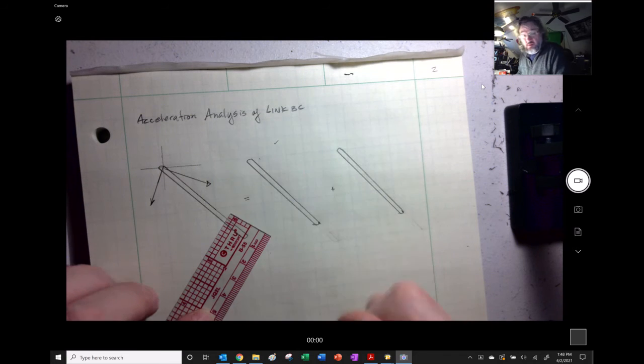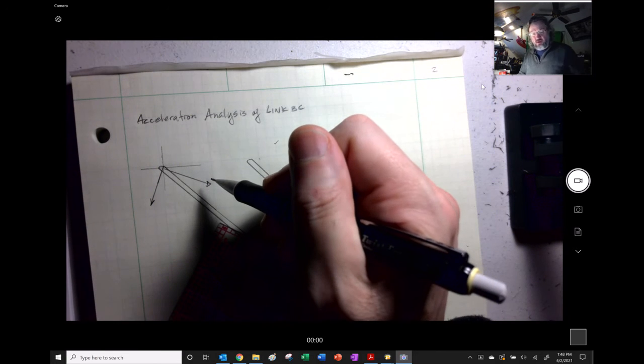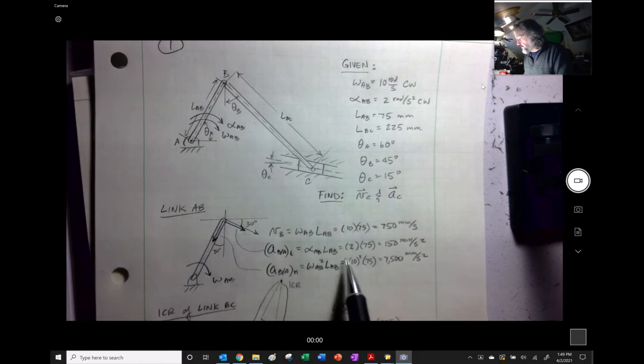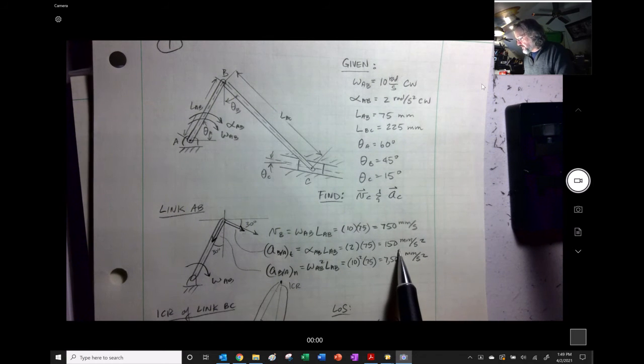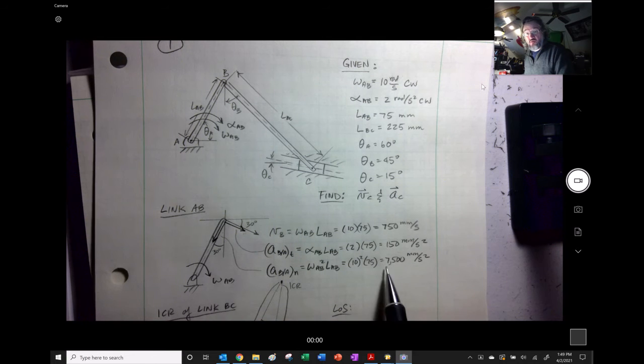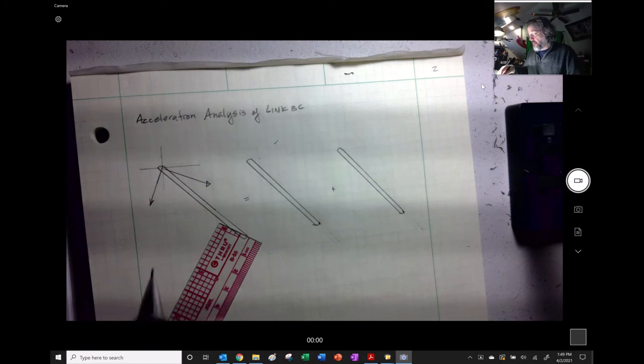Remember, this was our tangential one of 150, and this one is our normal of 7,500.